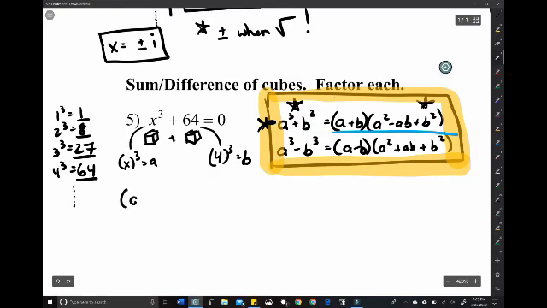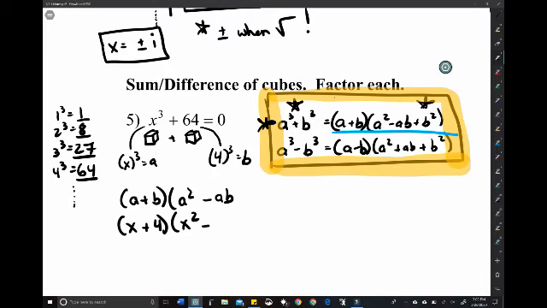a plus b, which in our case is x plus 4, a squared, or x squared, minus ab, so minus x times 4, or 4x. It doesn't really matter the order. You can switch them. And then plus b squared, or plus 4 squared.